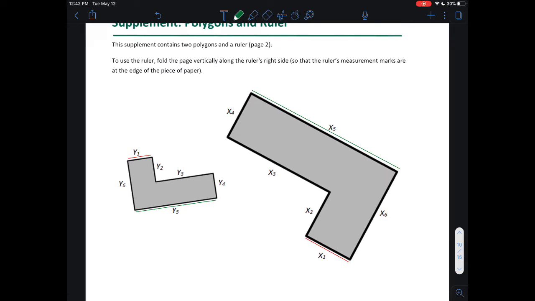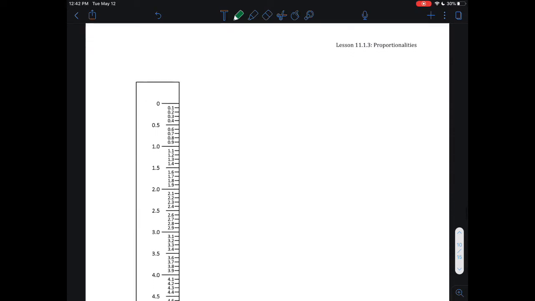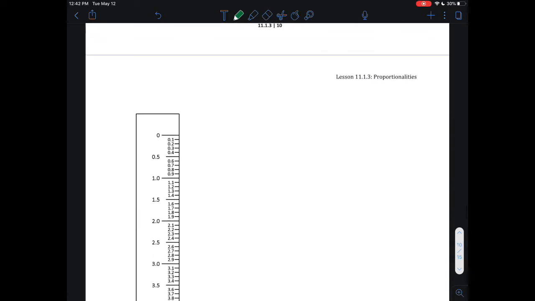So again, you can just use your paper ruler, put them up against those sides for Y1 and X1, and then just see what those measurements are. And what I get for X1 is about 1.2 inches, and for Y1 I get about 0.6 inches.